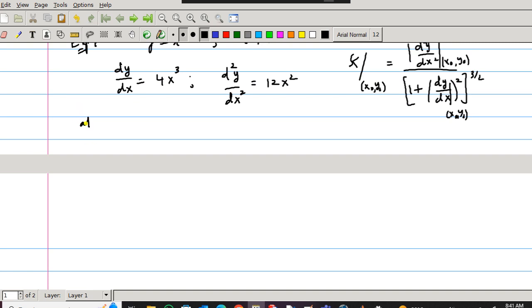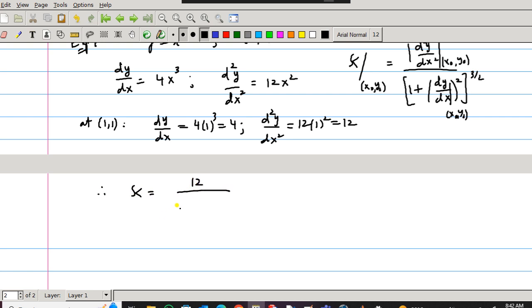So at 1, 1, if I replace the values 1, 1, I can calculate both the derivatives. Dy by dx will become 4 into 1 cube, which is 4, and d2y by dx square will become 12 into 1 square, which is 12. So instead of putting the values at the end, I can replace the values in the derivatives, and then I can obtain this curvature: the second derivative at 1, 1, which is 12, over 1 plus the first derivative at 1, 1, which is 4, squared, and power 3 by 2.